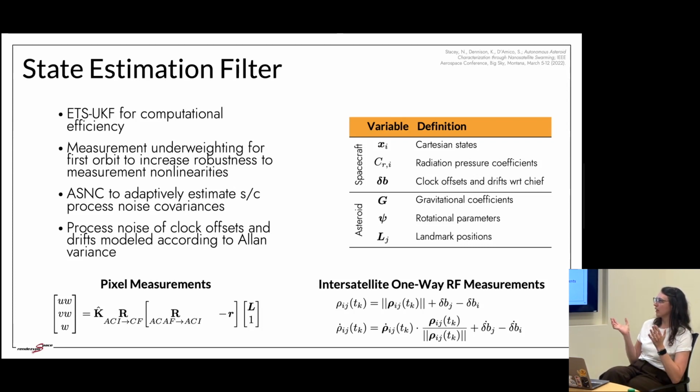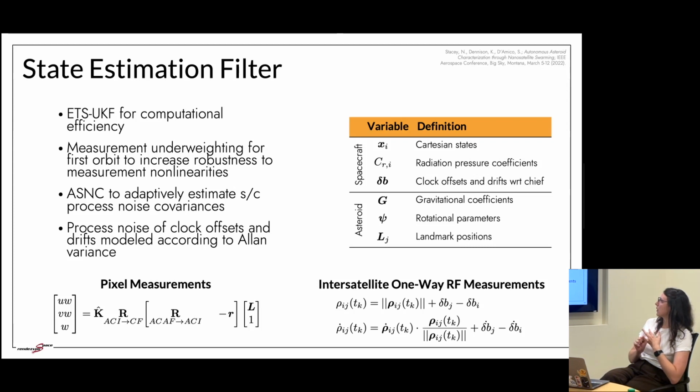And again, we're estimating all these clock offsets to account for the multiple agents within the system. On the right here, we have all of our definitions of what is being estimated within the state of the UKF. We have the Cartesian states of all of the spacecraft, within an inertial frame centered about the asteroid center of mass.